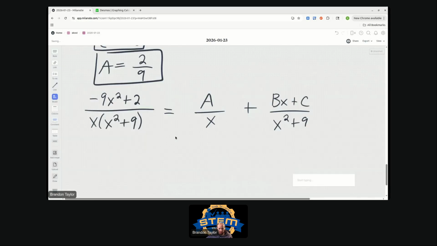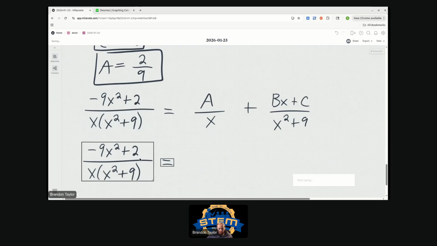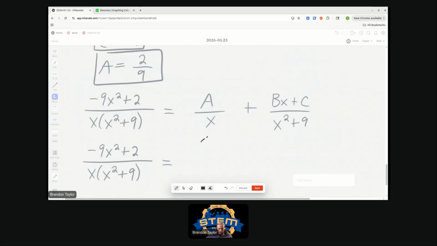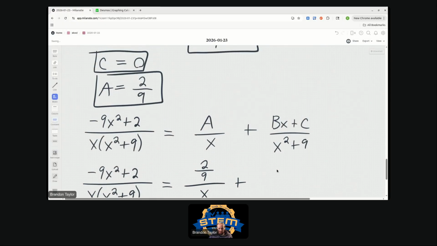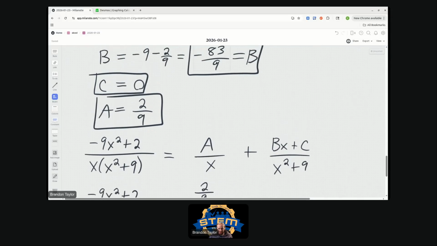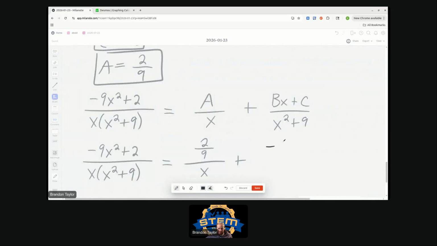Now the thing on the left, that's going to be what? That's going to be 2/9 over x plus, and then what's B here? B is negative 83 over 9, so it's going to be negative 83 over 9 times x, and then C is 0, so we don't need to write plus 0, over x squared plus 9.